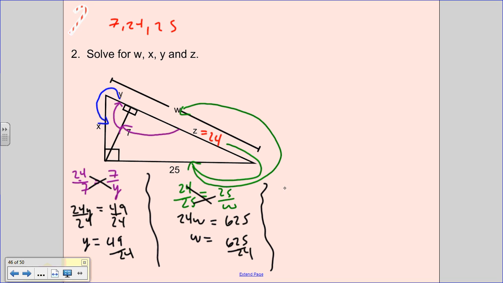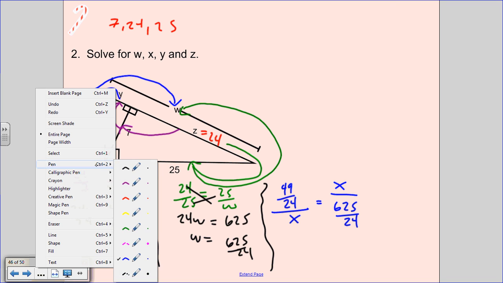So y again was 49 over 24 over x. And then back from x, we go to w, is equal to x over w, which was 625 over 24. Whew. Let's find the cross product.